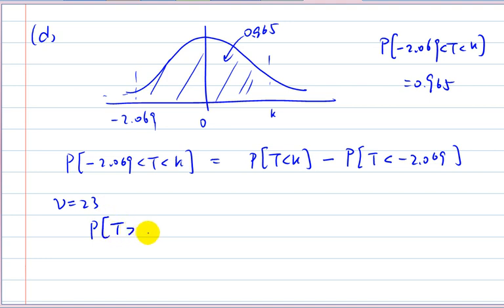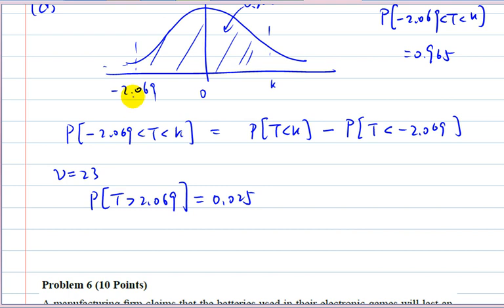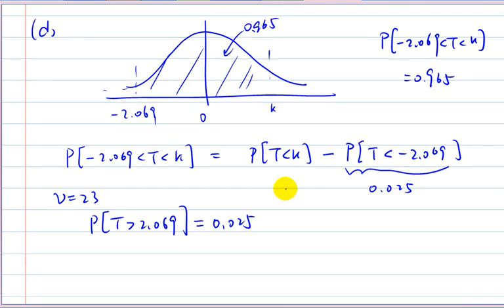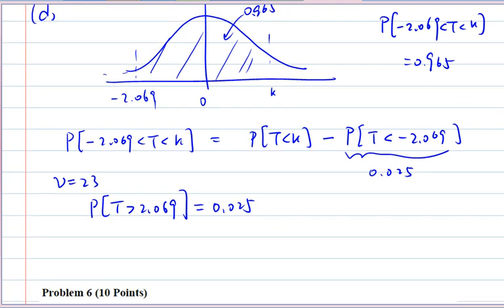So the probability for T greater than 2.069 is 0.025. This value, to the left side, is also the same 0.025.